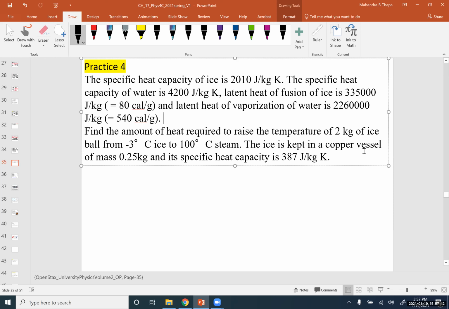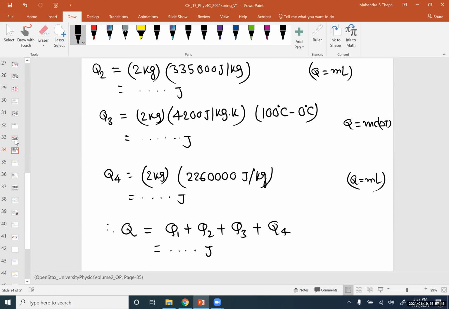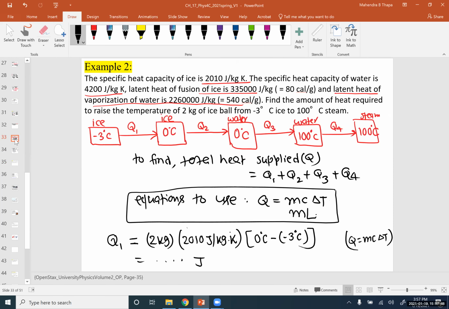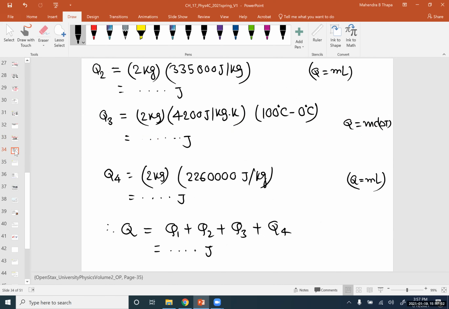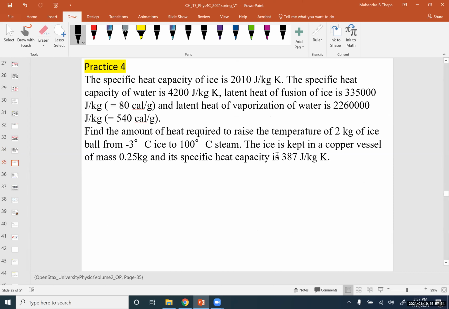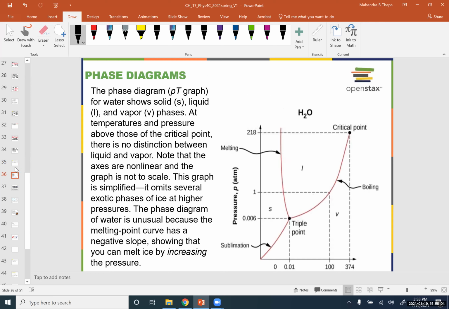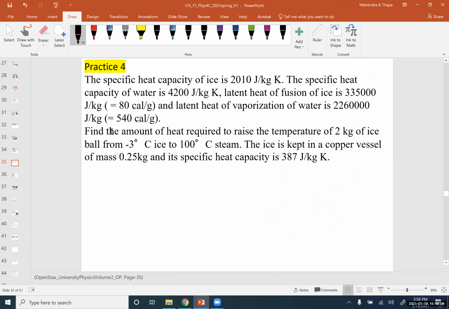Okay. In the first case, the problem I solved, we ignored the vessel or container. But here we also have to consider the containing vessel. So the question looks very similar, but you have to think about that. Okay. So you can solve this problem.